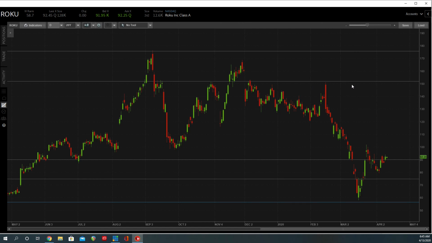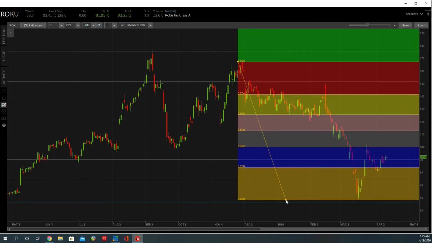I see no reason to change that. Doesn't look like that one's retraced 50% yet. Let's put Fibonacci up there and see. And we're going to go from here to that low. And yeah, that one has not hit 50% yet.